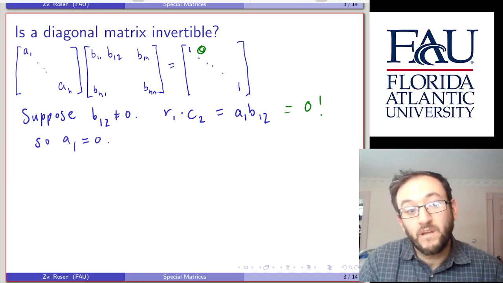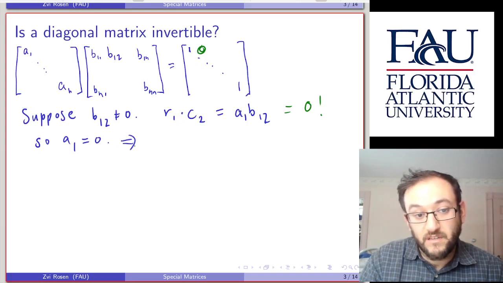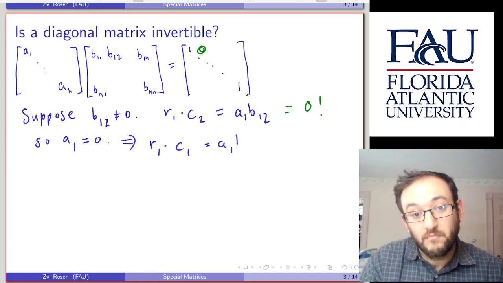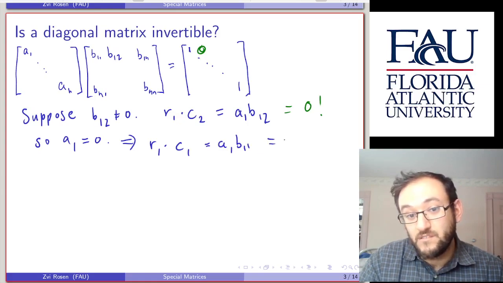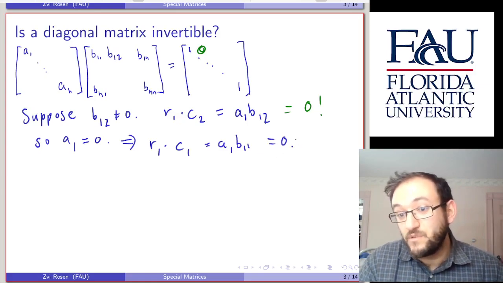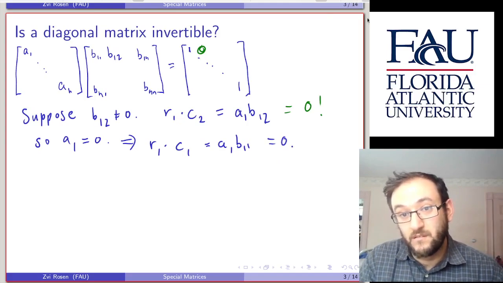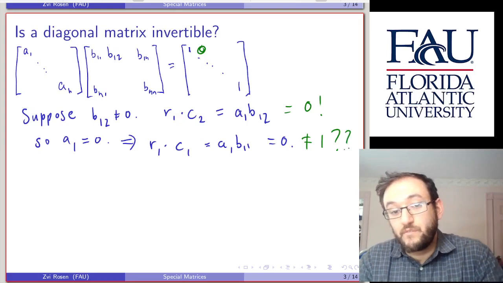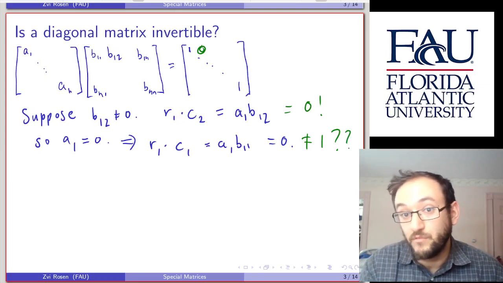But then if a_1 is 0, the product of the first row with the first column will be a_1 b_11, and if a_1 is 0, this also has to be equal to 0. But we know it's supposed to be equal to 1. So it's impossible for b_12 to be non-zero.